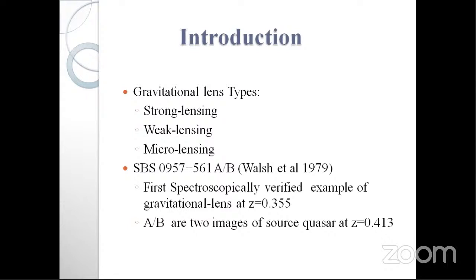Now, is this gravitational lensing phenomenon similar to conventional optics? No. Unlike conventional optics, in gravitational lensing there is no single focal point. That is the basic point of difference here. But there are infinite lines of theoretical magnification called critical lines. When they are transferred to the source plane, they become caustics.